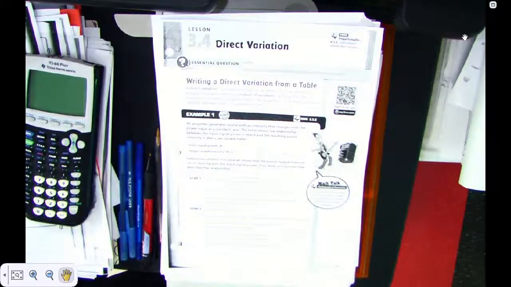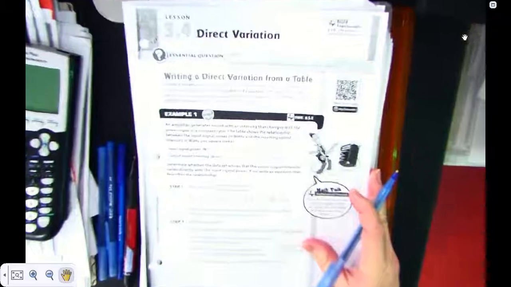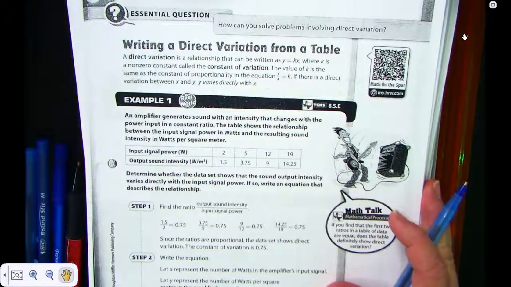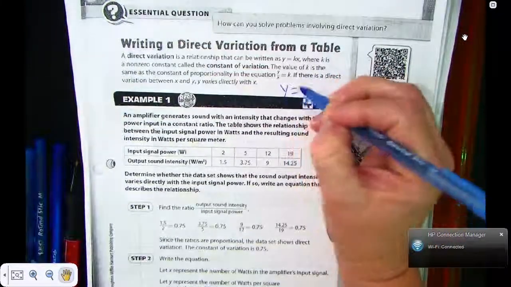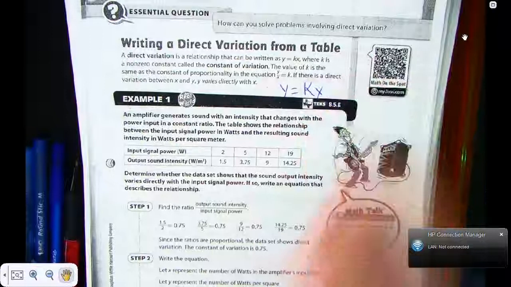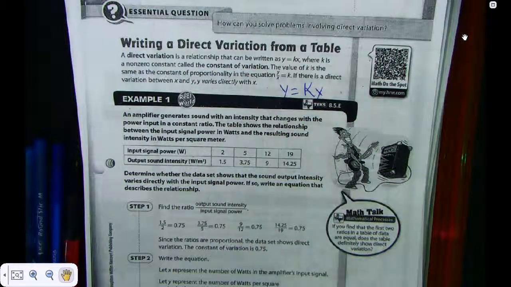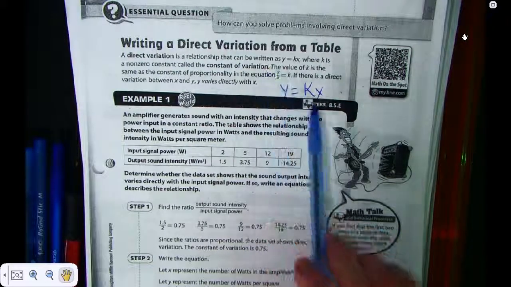Jay, when it was proportional, we wrote it in this form: y equals kx. When it's proportional, it's going to be written in that form.